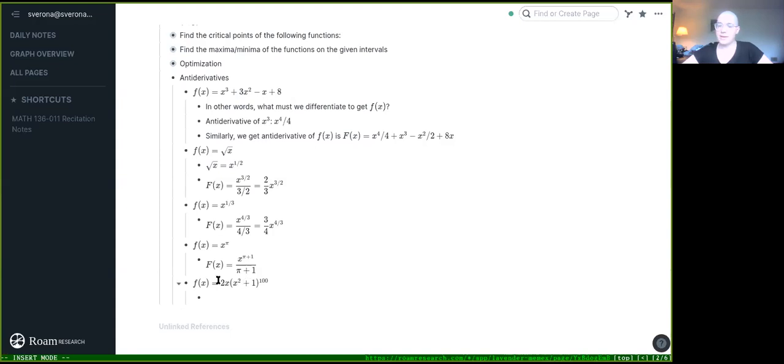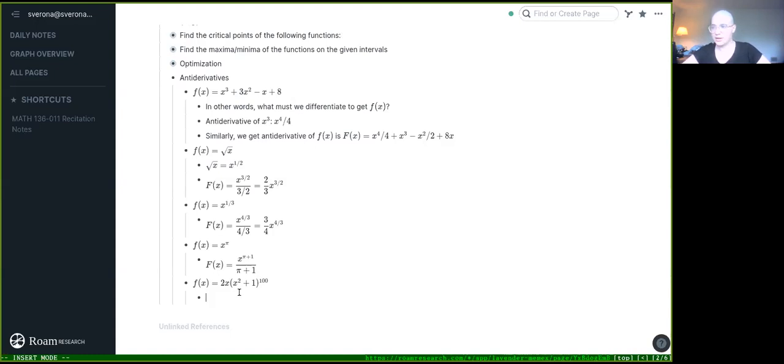So let's see. Think about undifferentiating. So if I were to differentiate x squared plus 1 to some power, then that would act as the power rule does, except then the chain rule would kick in, and I would have to multiply by the derivative of what's inside. In this case, that's the x squared plus 1, the derivative of which is my 2x.